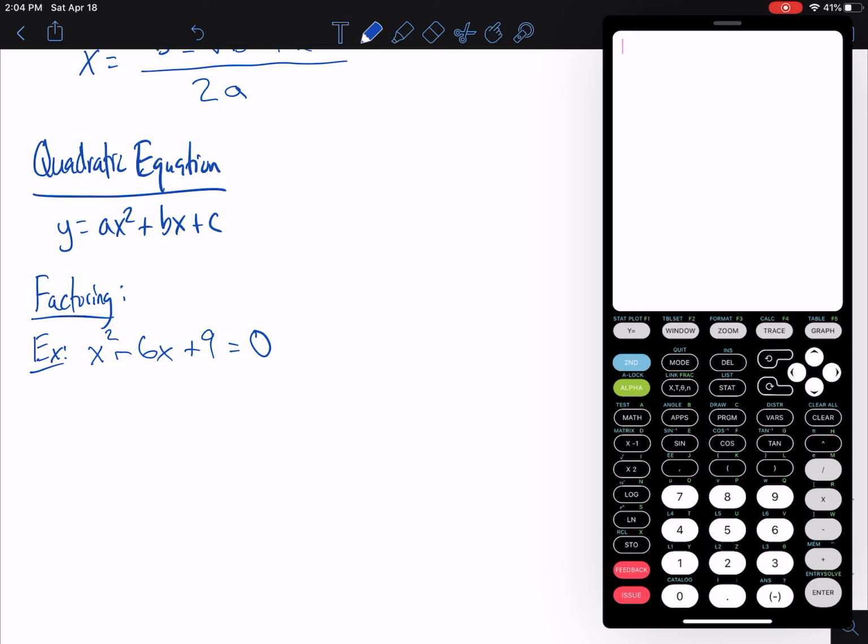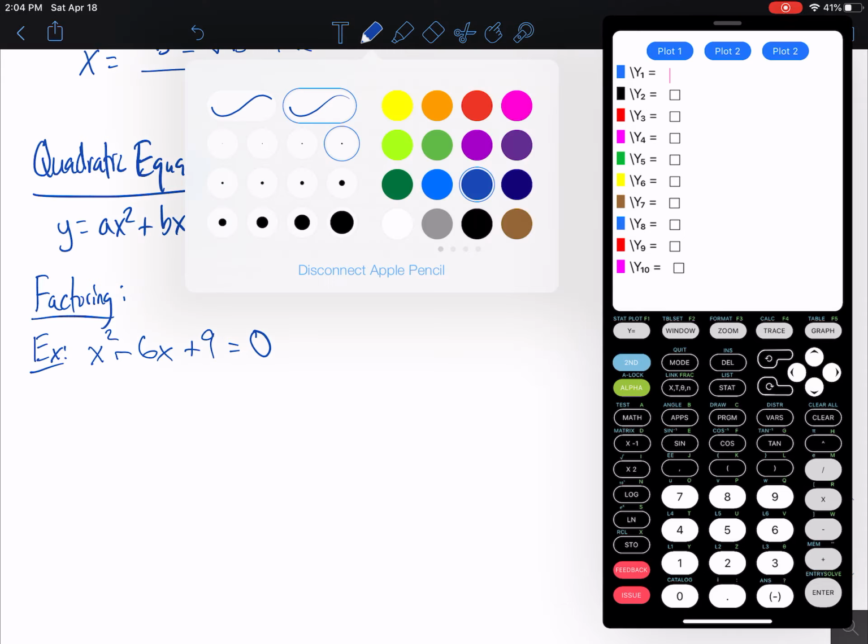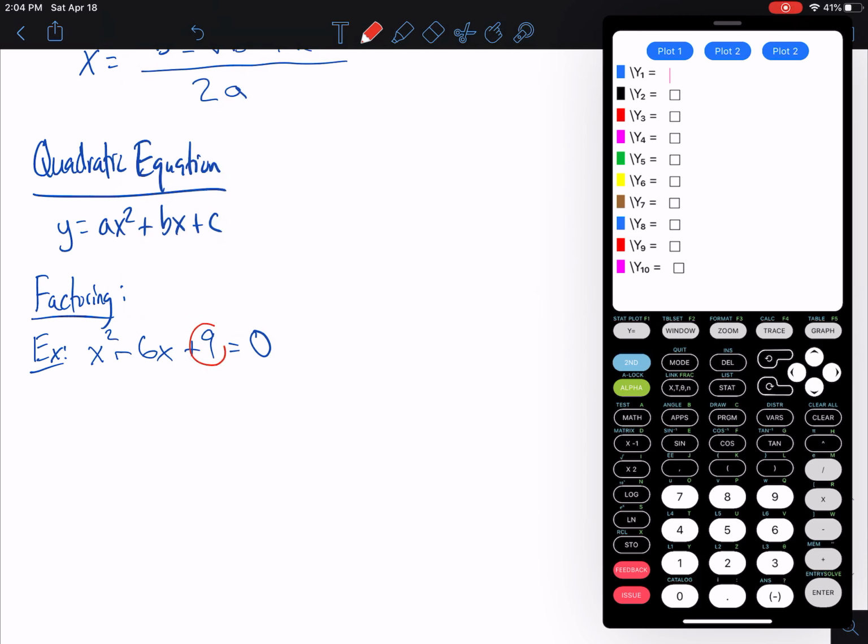And if you remember, we go to y equals, and in y1 we took that third number, that c value, which is 9, and we did 9 divided by x. Then in y2, we did 9 divided by x plus x. And it was always this case here.